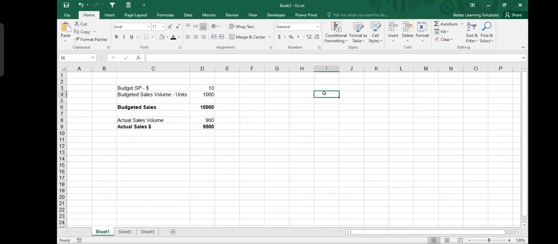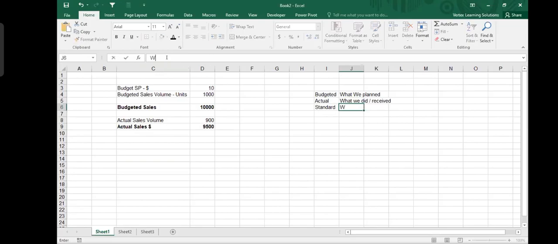I told you that you need to understand the difference between budgeted, actual, and standard. So budgeted is what we planned. Actual is what we did or received or whatever. And what is standard?